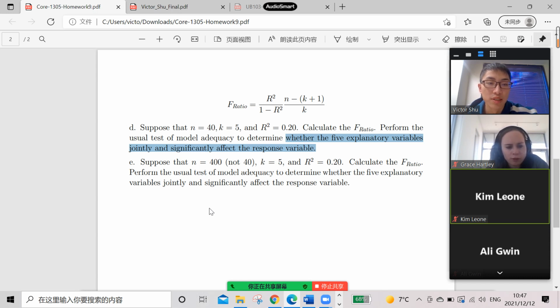If we reject this null hypothesis, again, I can only say this whole assumption is wrong, right? Those 5 explanatory variables do not jointly and significantly affect the response variable, but I don't know which one is wrong, or which 2, or maybe which 3. So that is one of the weak points of the F-test.